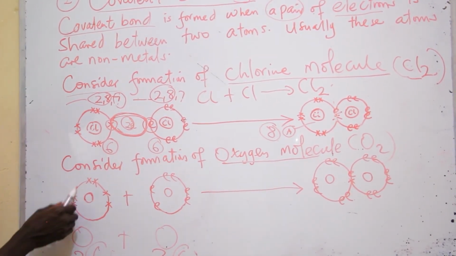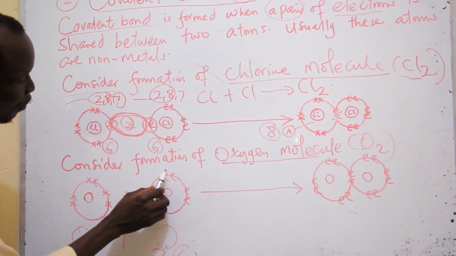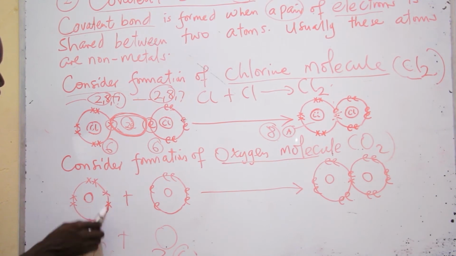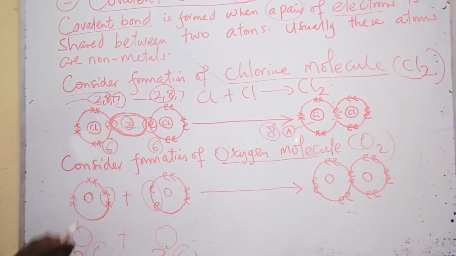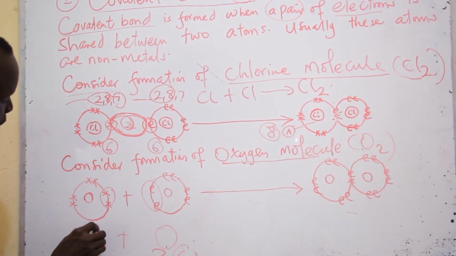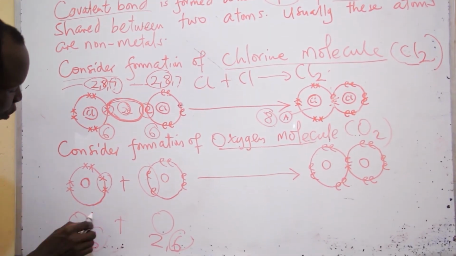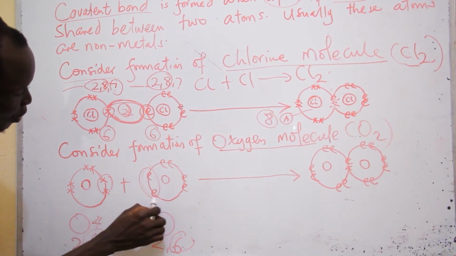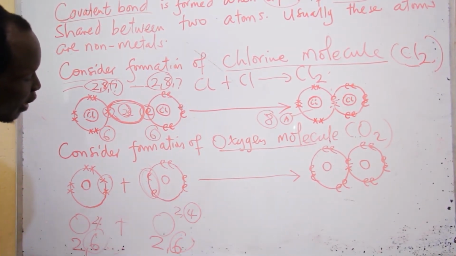You can see 1, 2, 3, 4, 5, 6, and this is also 6, but these 2 electrons are not paired, so they are the ones that are going to be contributed. When this one contributes these unpaired 2 electrons, remember it is 6, so removing 2 from 6, you remain with 4 electrons. Even here, contributing these 2, you remain with 4 electrons in the outermost.